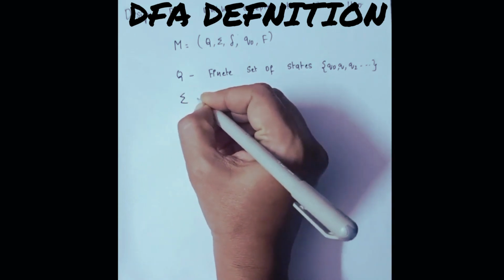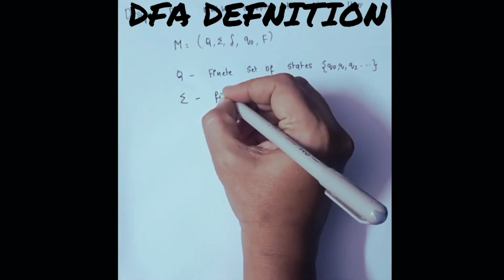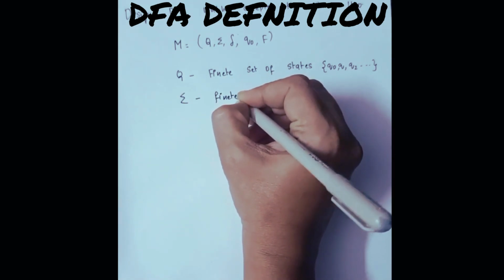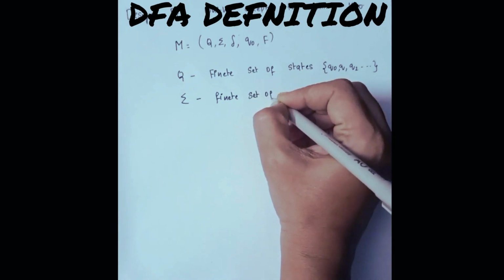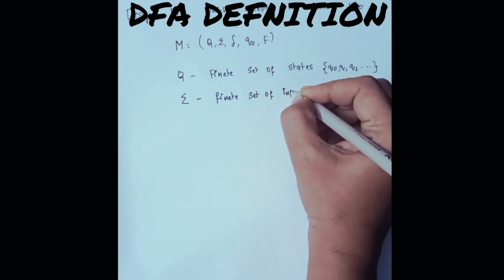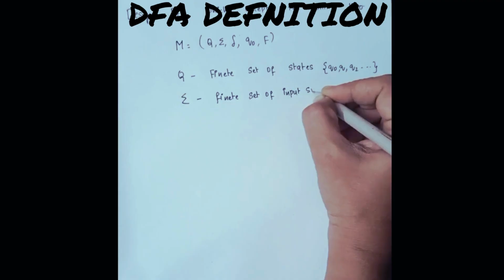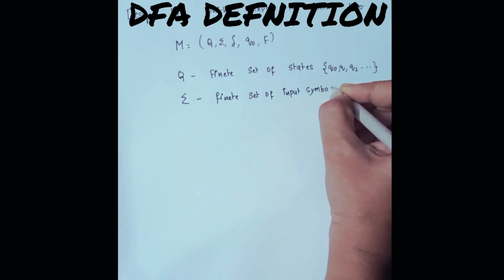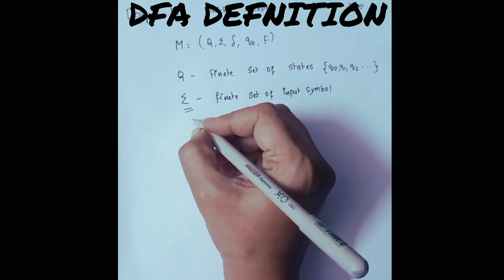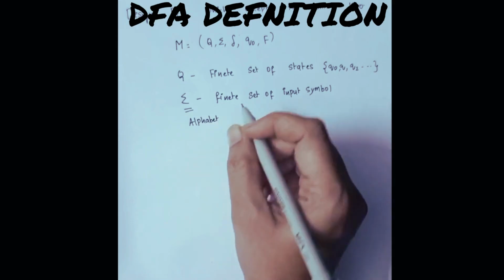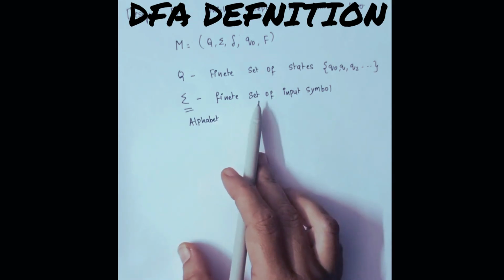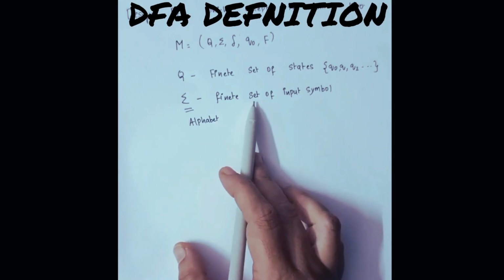This sigma is the finite set of input symbols, or we can also call it the alphabet. What is an alphabet? It is a finite set. Set means a collection of elements, right?